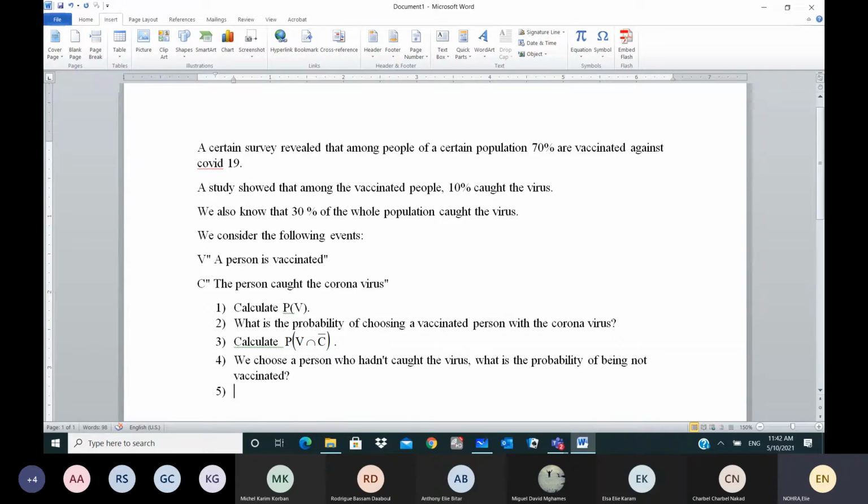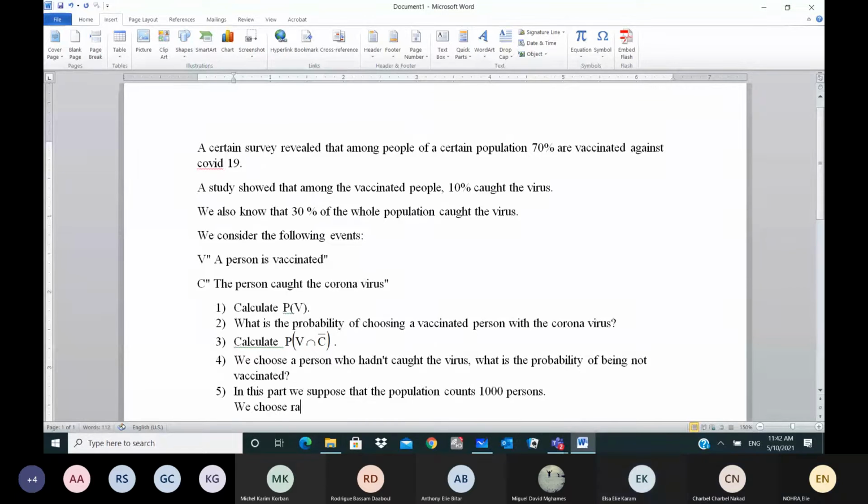Part 5. In this part, we suppose that the population counts 1,000 persons.